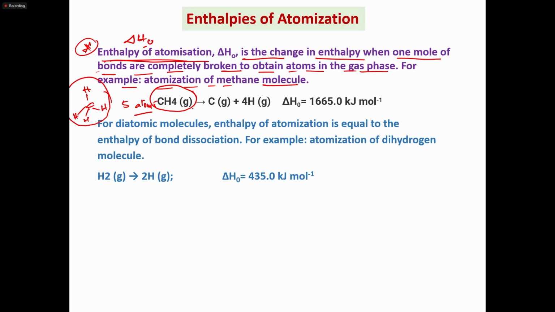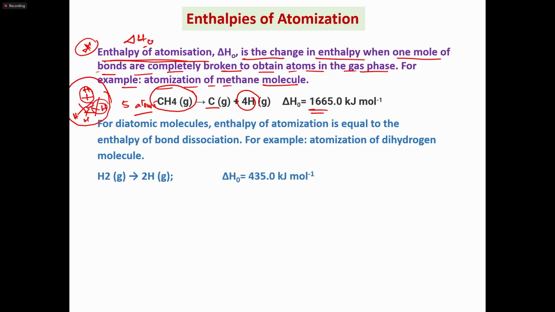But when we do this atomization, the carbon is separated and the 4 hydrogens are also separated. That means we have broken the 4 carbon hydrogen covalent bonds. To break these 4 CH bonds, this amount of energy is needed.